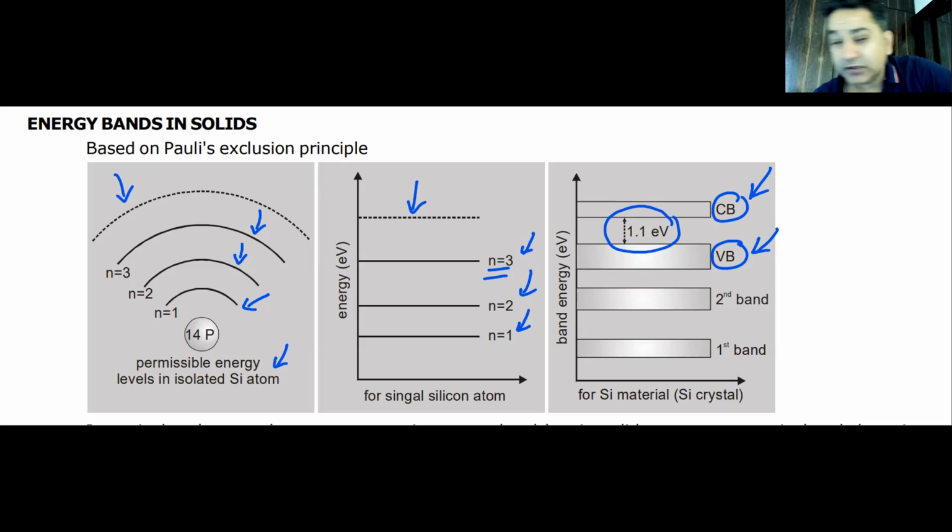These are the different energy bands. Between the first and the second, this is the difference. Between the second and the valence, this much is the difference. Between the valence and conduction band, this much is the energy difference. Do we understand this? Yes, sir. This energy difference will be different for different atoms, for different elements.